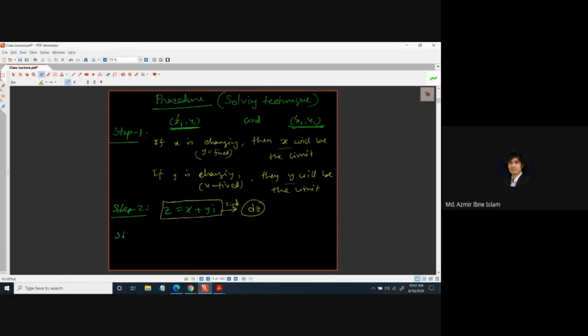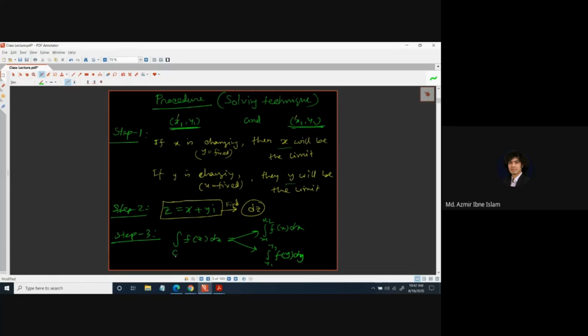Step 3. The integral that you have, f of z dz, will automatically be converted to the integral of f of x dx from x1 to x2, or the integral of f of y dy from y1 to y2.